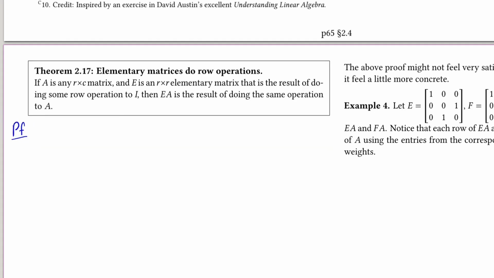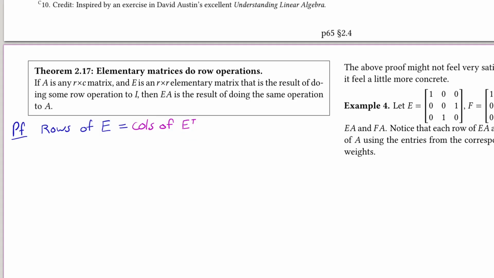To prove this, we're going to start by noticing a few things. One is that rows of E are equal to the columns of E transpose.